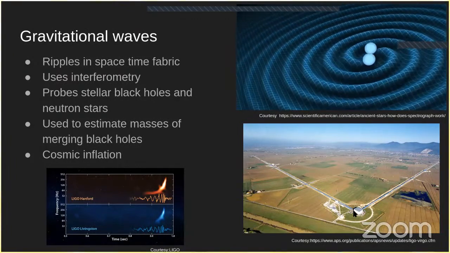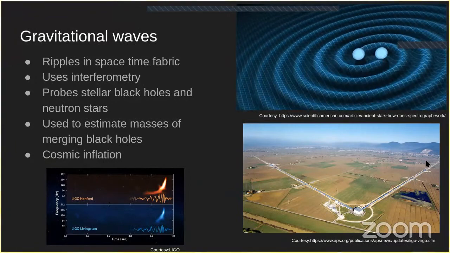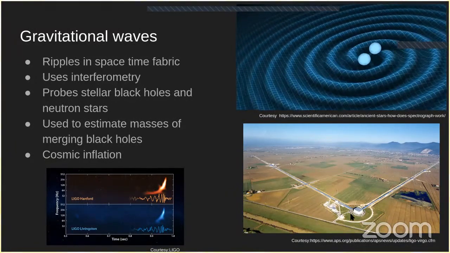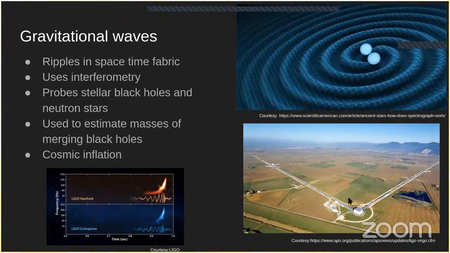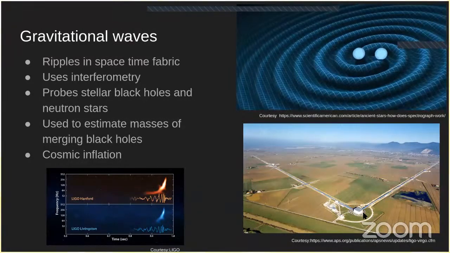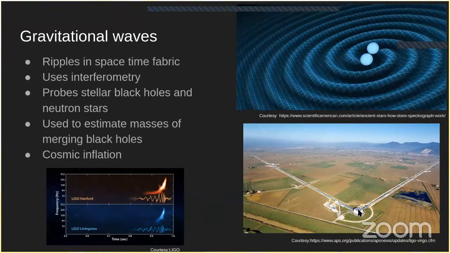So what it does is, again, it uses the interferometry technique. There is light that goes in one arm and then is reflected back into this station, and the same happens in the other arm also. When they come down, they interfere with each other, either constructively or destructively.